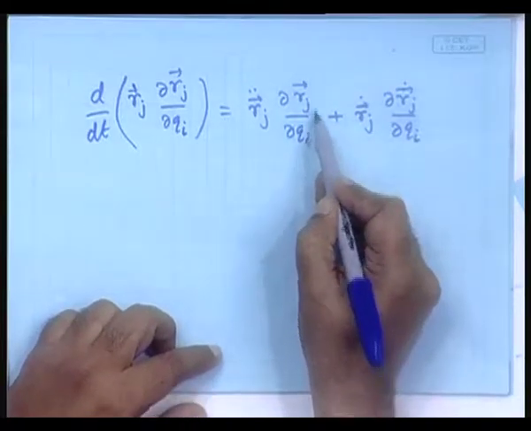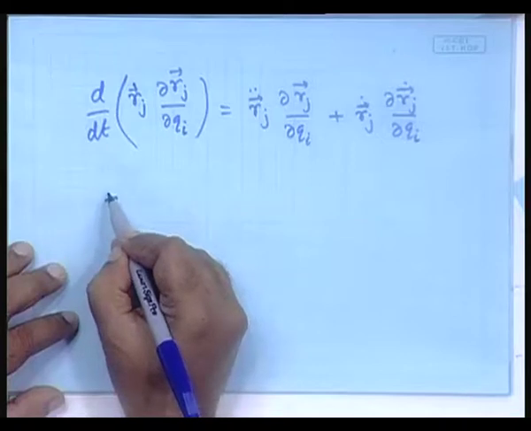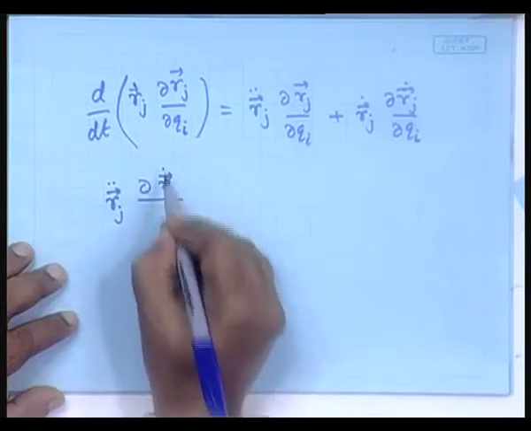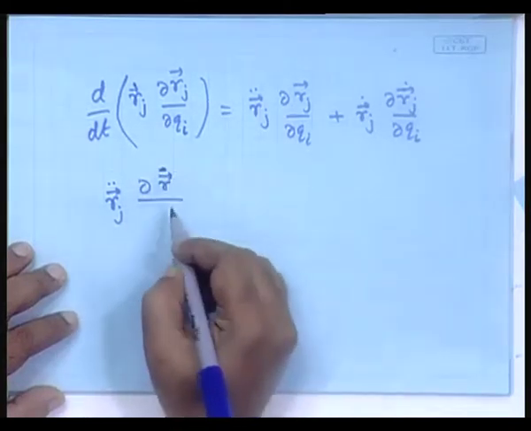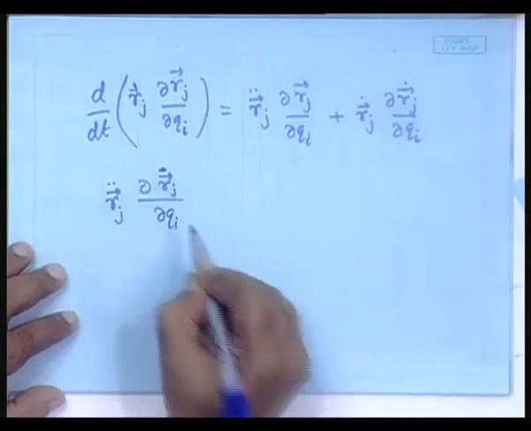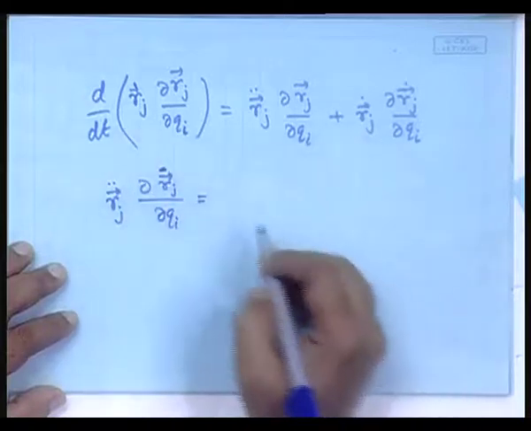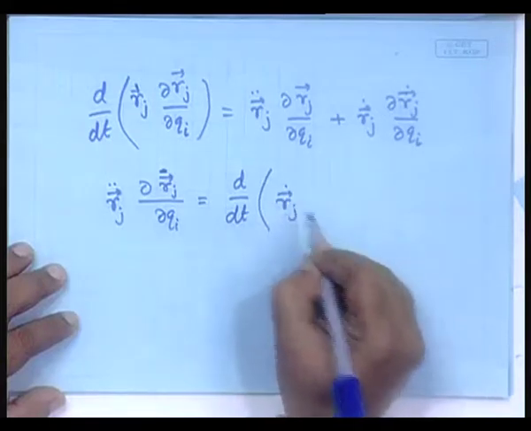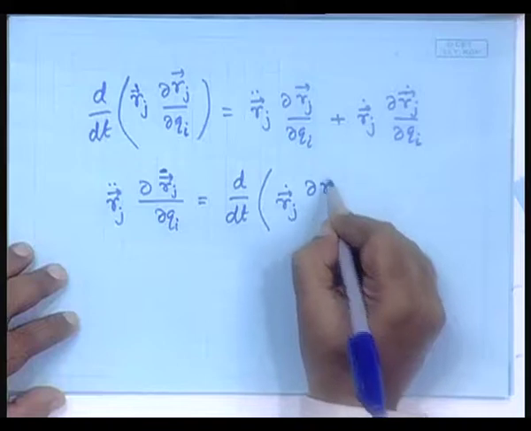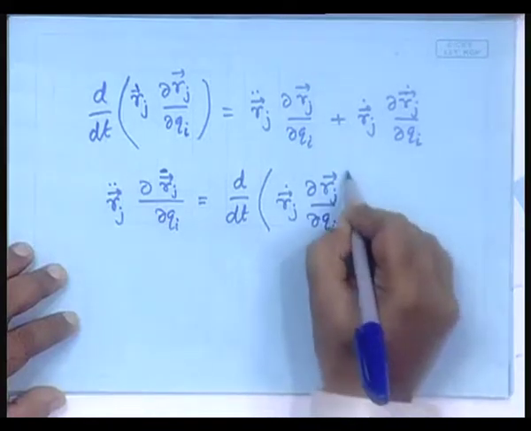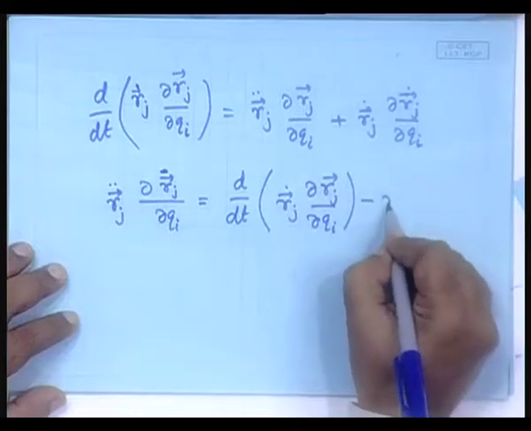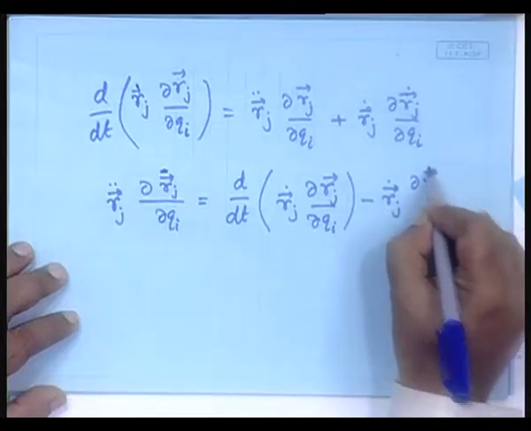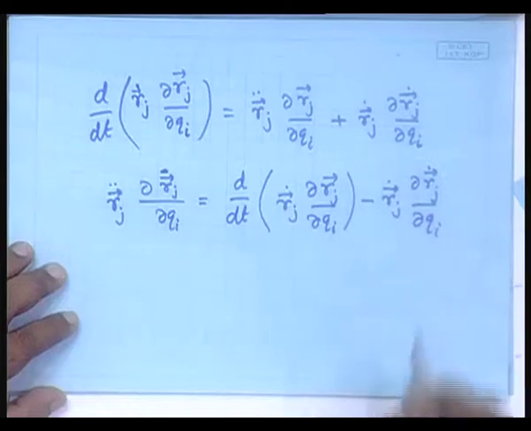So, this term, which is what we are interested in, is expressible as this minus this: r dot j times the derivative of r j with respect to q i, minus r j vector dot. Fine.